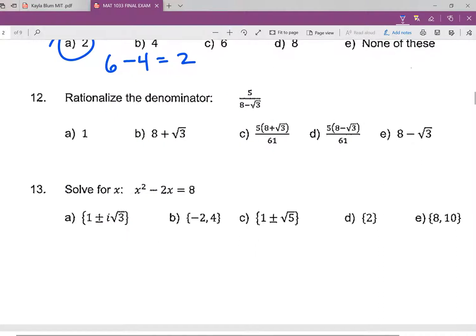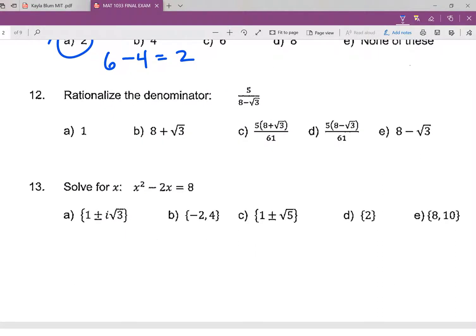Question number 12, rationalize the denominator. Here's a trick I'm going to give you. We know that we're going to multiply both top and bottom by the opposite sign, the conjugate basically. So you have 8 plus square root of 3 times 8 minus square root of 3. Again, a special product: 8 times 8 is 64, and square root of 3 times square root of 3 is going to give you negative 3, for a total of 61.